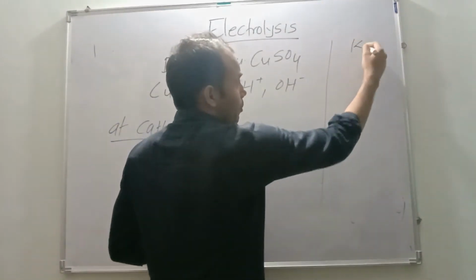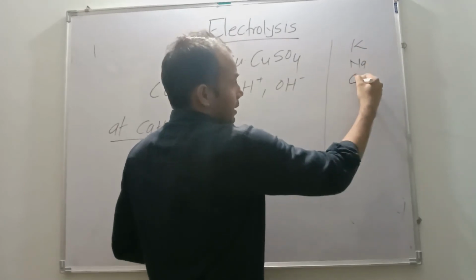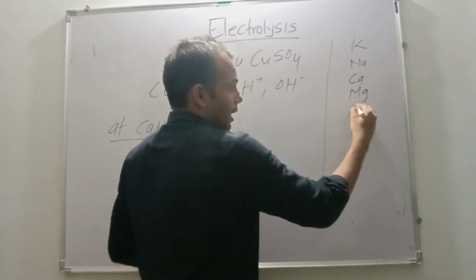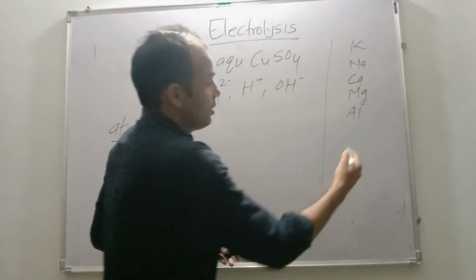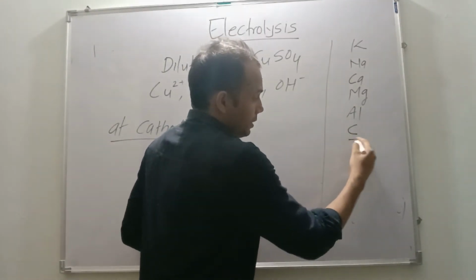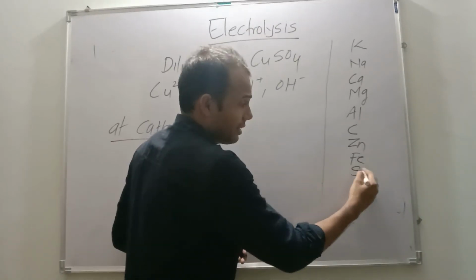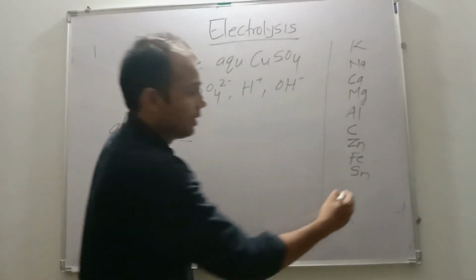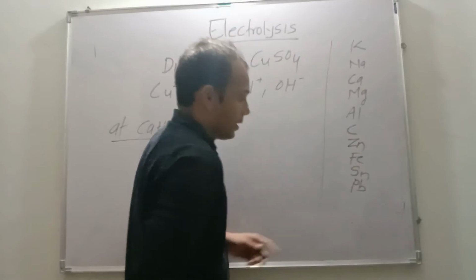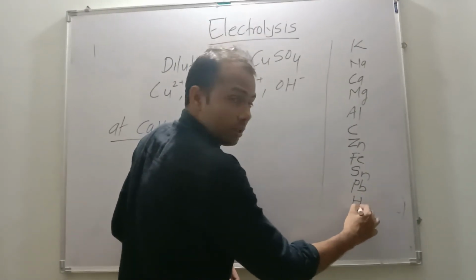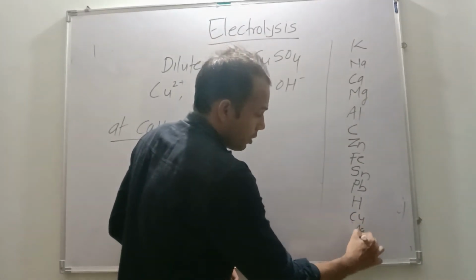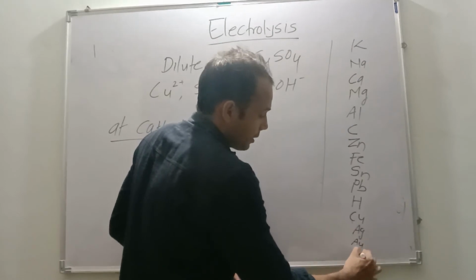At the top we have potassium, sodium, calcium, magnesium, aluminium. Then we have carbon, zinc, then iron, tin, after that lead, then hydrogen, copper, silver, gold, platinum.